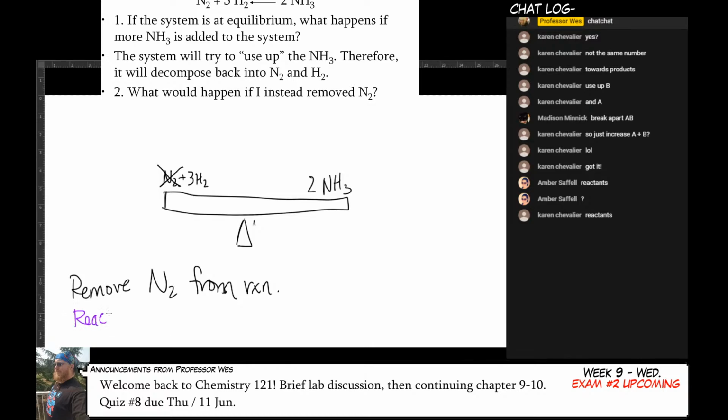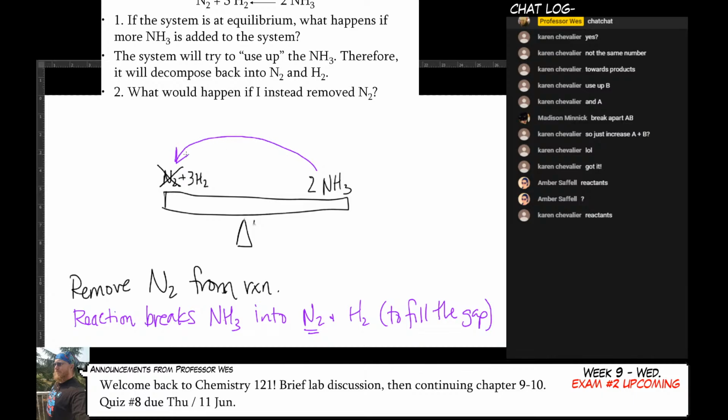The reaction breaks ammonia into N2 and H2 to fill the gap. So if I made a gap by crossing something out, I'm going to have to turn stuff into the thing that is missing in order to restore equilibrium.